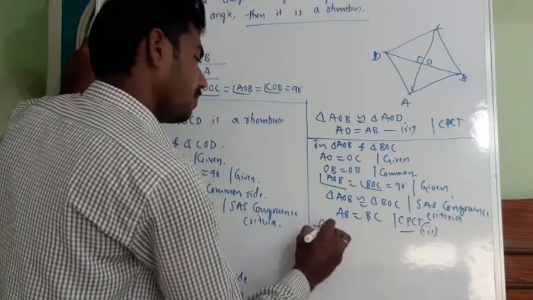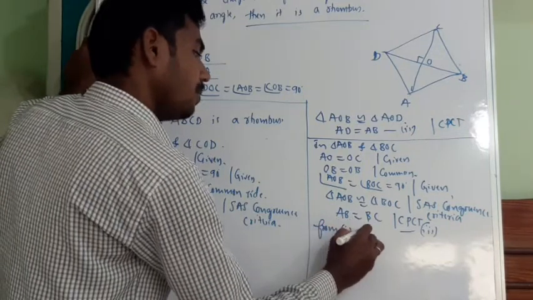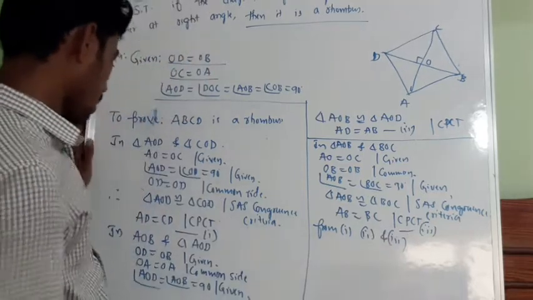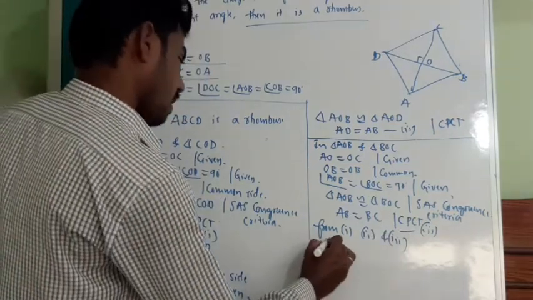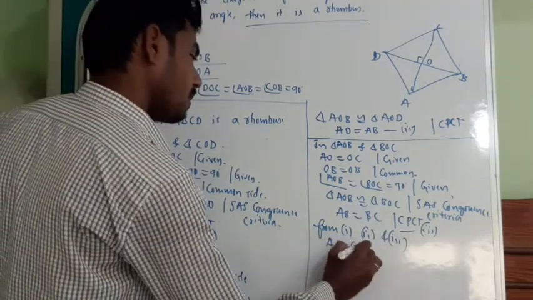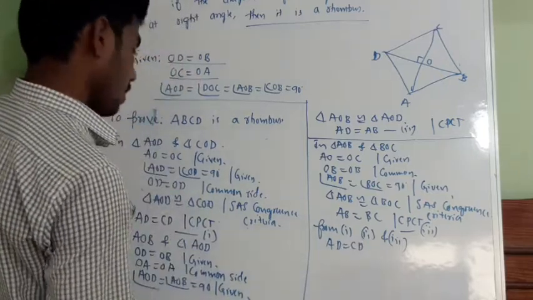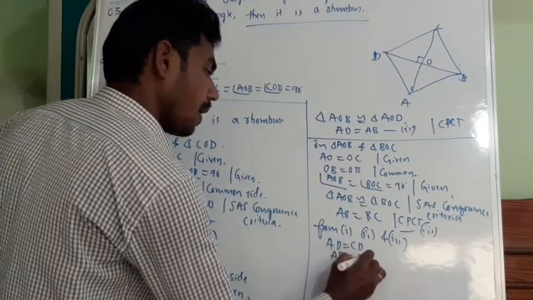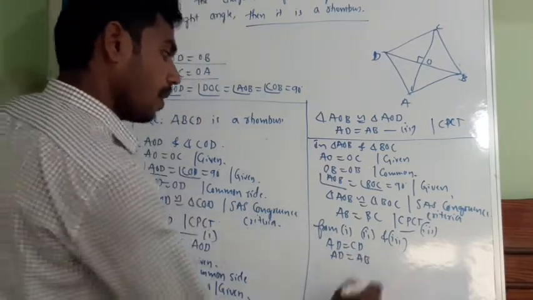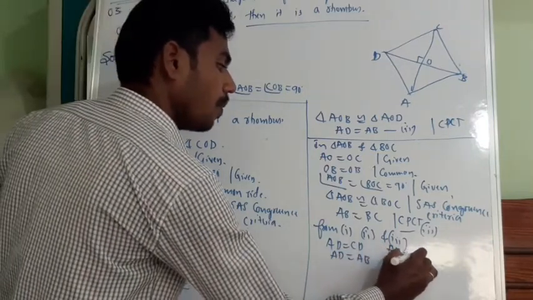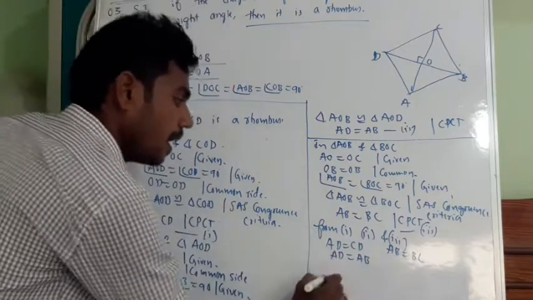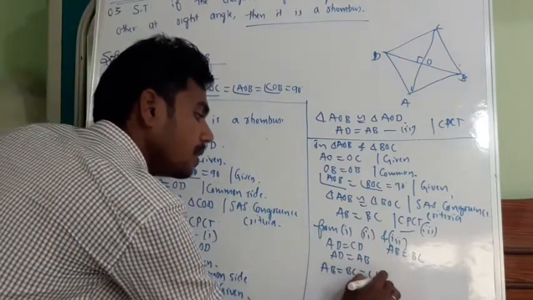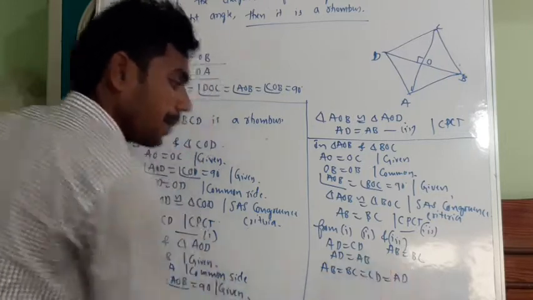So from 1, 2 and 3, AD is equal to CD, then AD is equal to AB, AB is equal to BC. So what can I write? AB is equal to BC is equal to CD is equal to AD.